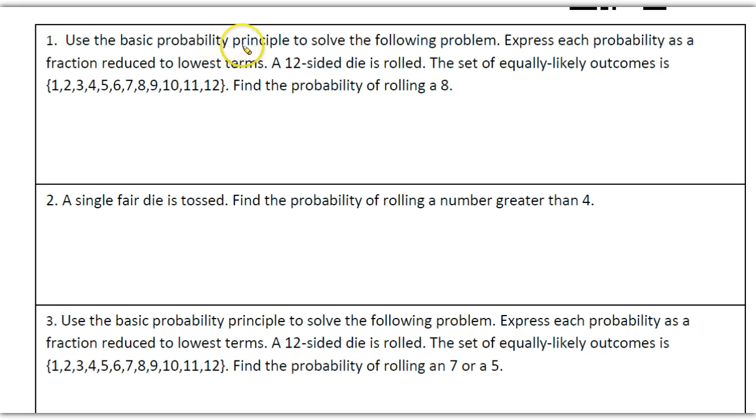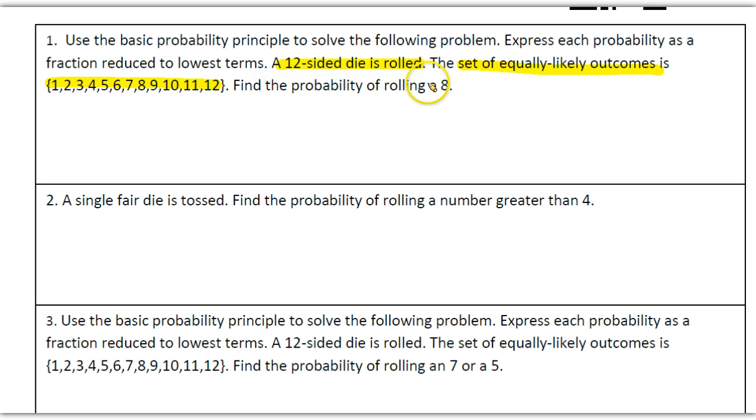Okay, that's the background. Now we have a 12-sided figure, which is like a 6-sided die, but now it's 12-sided. And what is the set? Well, our sample space is just the numbers 1 to 12, and it's equal outcomes of randomly rolling it.